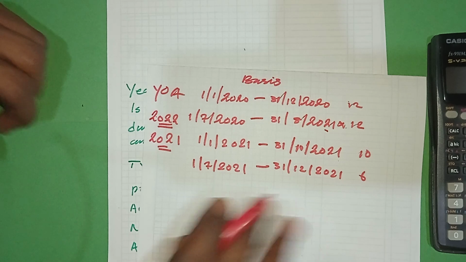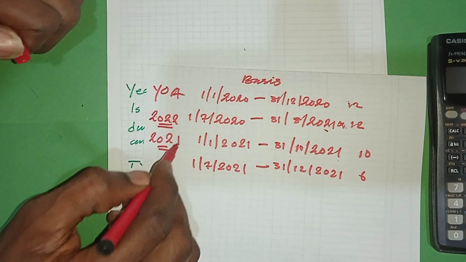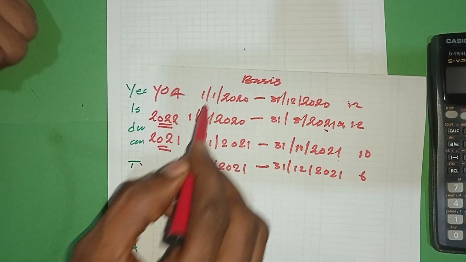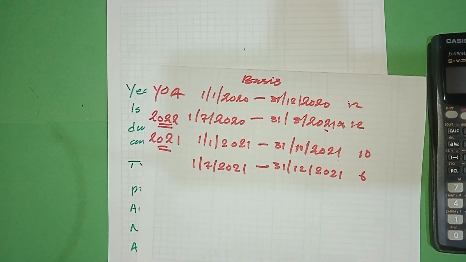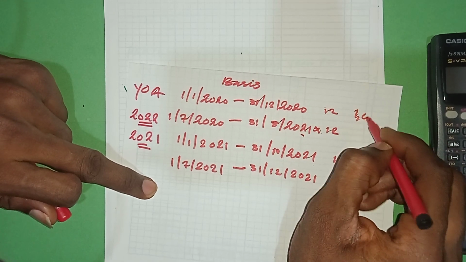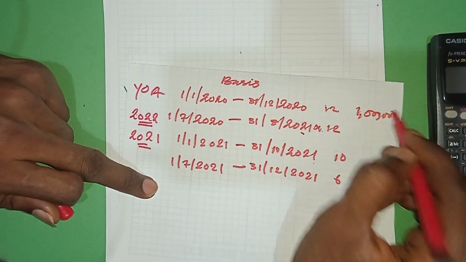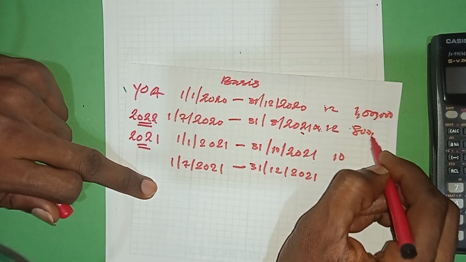Now, this is your year of assessment. These are your basis periods. That is what we call assessable profit. That one is the amount. Here could be 1 million. Here could be 800,000.